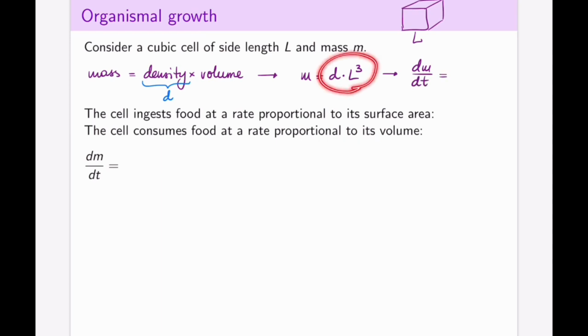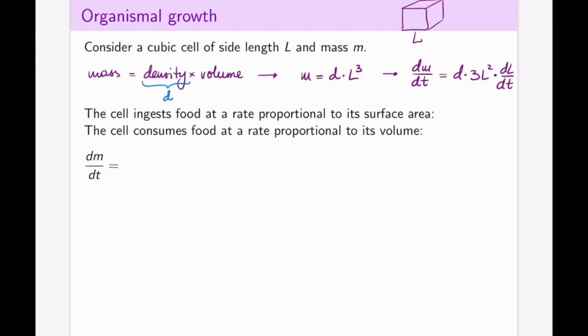On the right-hand side, if I take a derivative with respect to time, the density is a constant, so it will stay put, and then I have to take a derivative of L cubed. According to the chain rule, I first take the derivative of the outside function, which is the cube here, so 3L squared, and then I follow up with the derivative of the inside, which is L itself, which will change with time, so this will be followed by dl by dt.